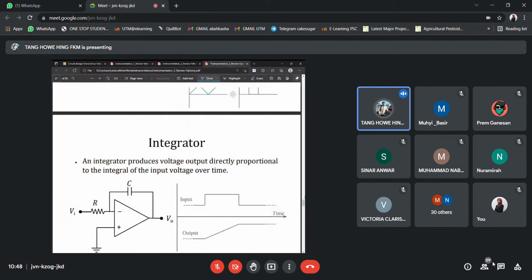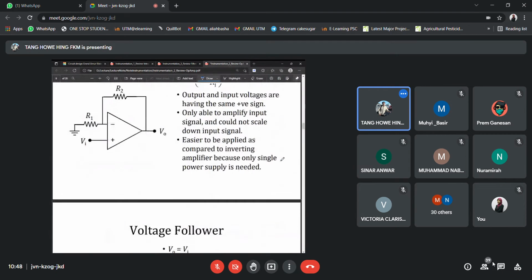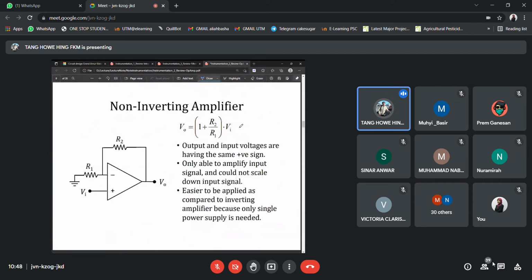for the non-inverting amplifier, we have a circuit that looks something like this. And then we have this formula: 1 plus R2 over R1, which will be equal to 12.5.